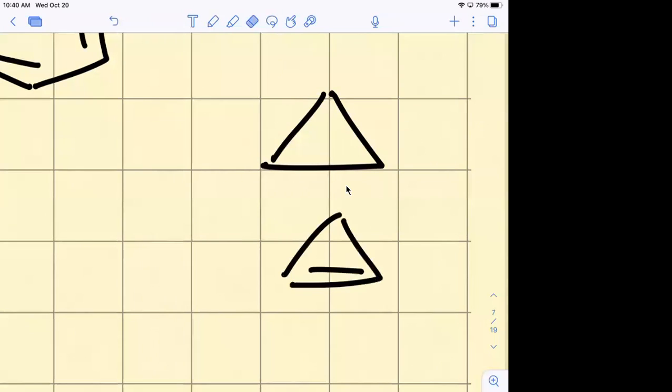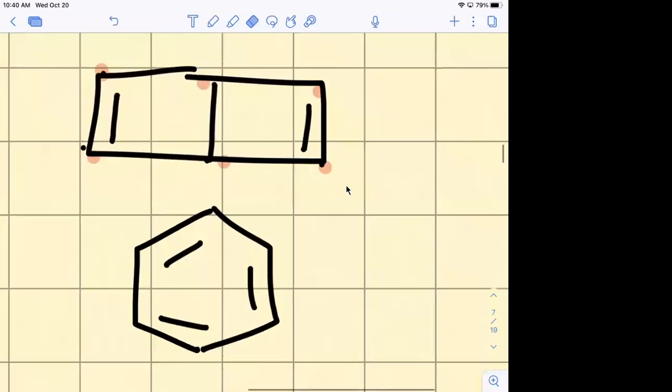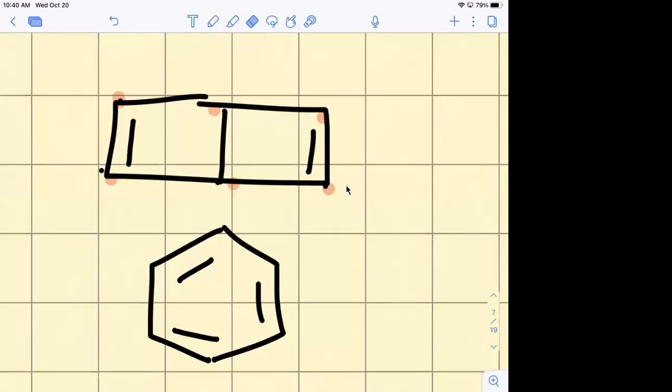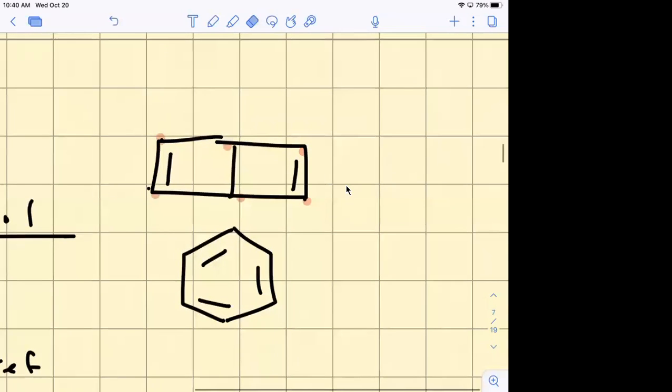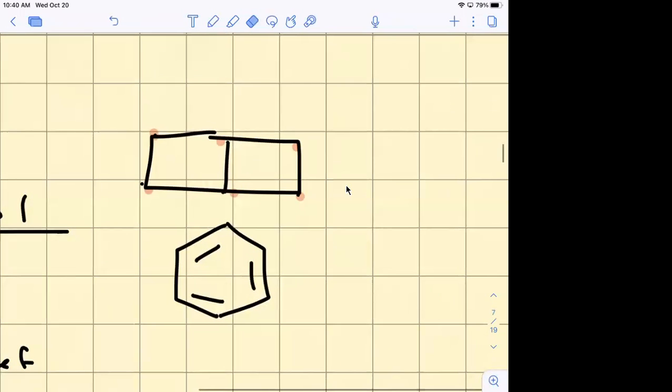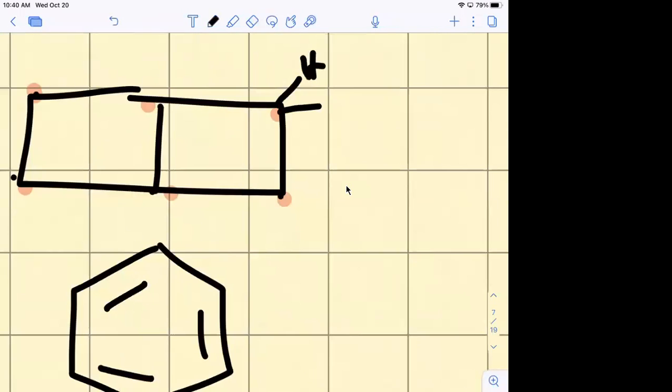I guess I'm not seeing how you're able to add the double bonds. Oh, yeah, so here, let me show you. If I didn't have the double bonds, all of these carbons on the end, every vertex is a CH2.